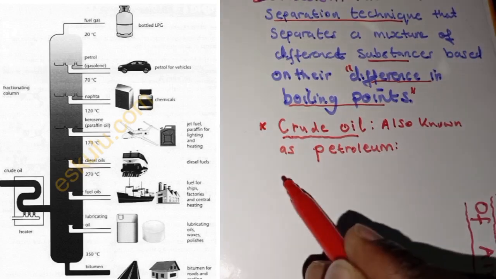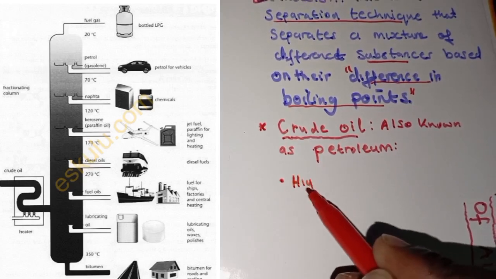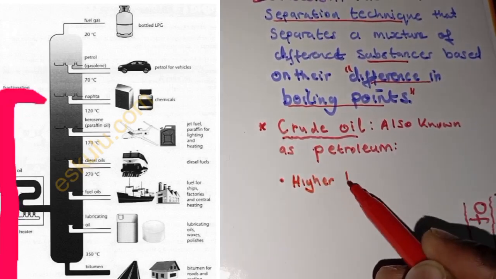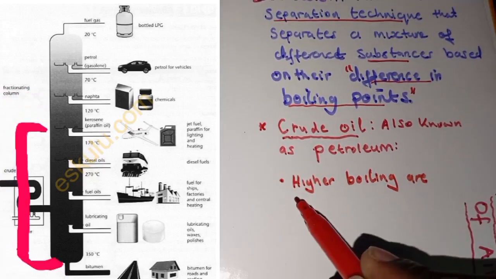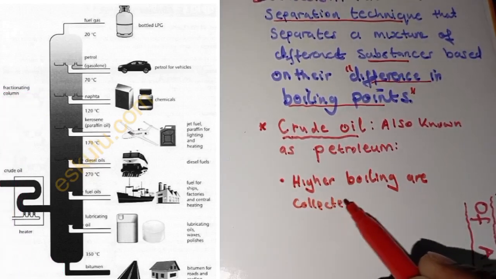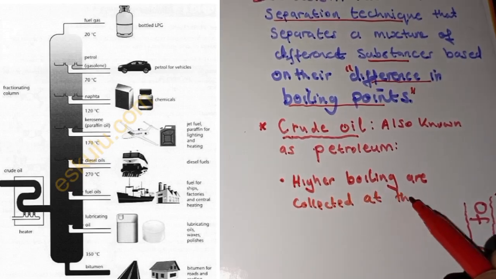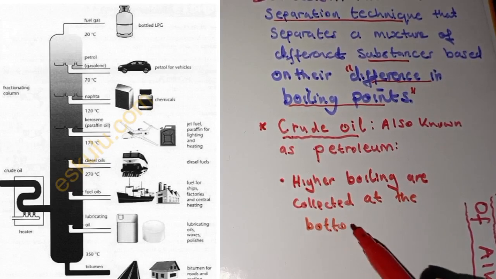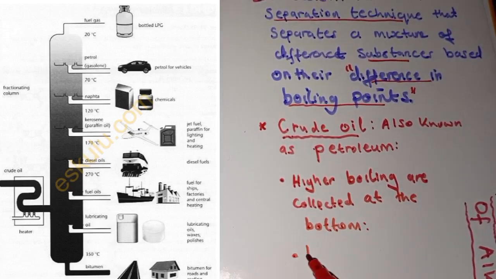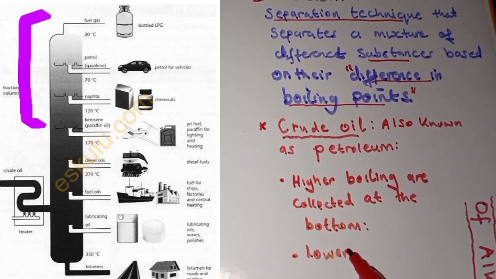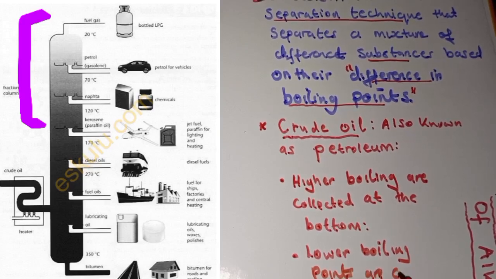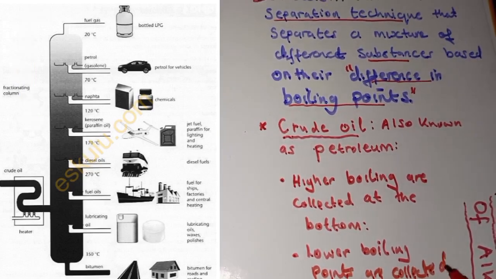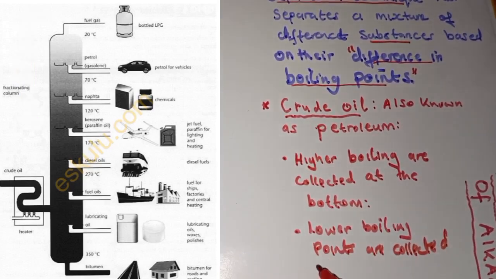You find that those that have a higher boiling point are collected at the bottom, and those with lower boiling points are collected at the top part.